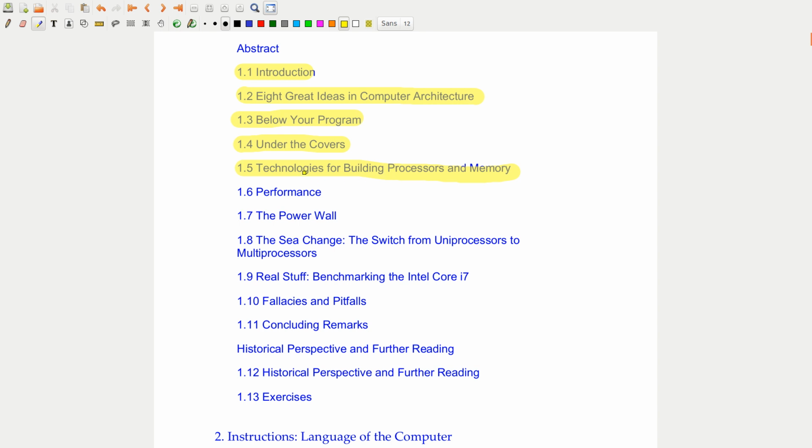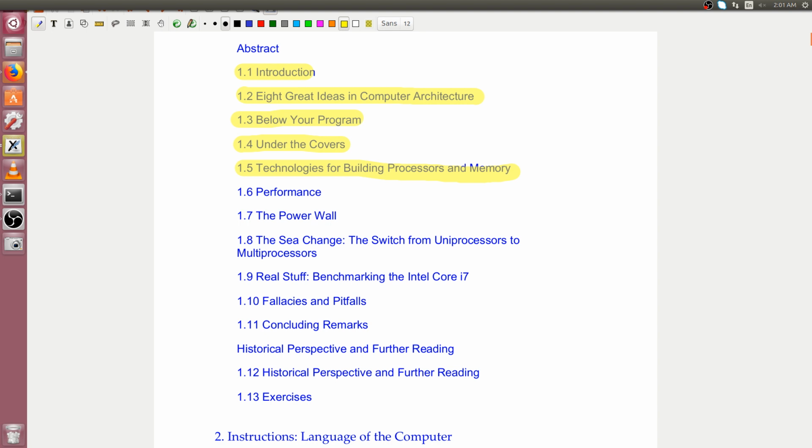So there's DRAM and there's SRAM. We have technologies for building processors and memory. So we have things like DRAM, which is a little bit slower than SRAM, but is much more dense.